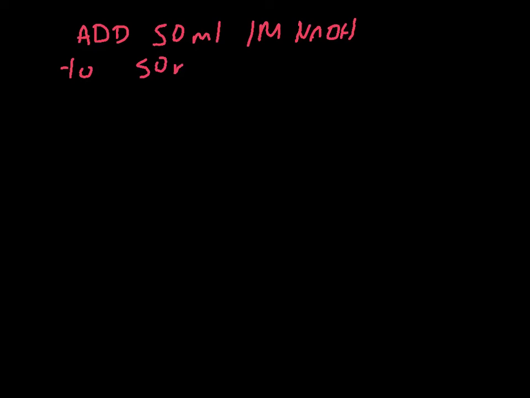Now, what happens at the equivalence point is all the acid has been dissociated. So here I go. I'm going to add 50 milliliters of 1 molar NaOH to 50 milliliters of 1 molar HC2H3O2.